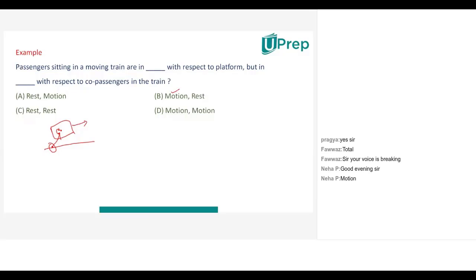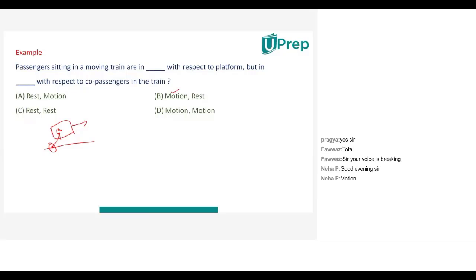If the position of that man is changing with respect to you, then you can say he is in a state of motion. But as his position is not changing with respect to you, definitely she will be in a state of rest only, isn't it? Yes, sir. Now that means to say the state of rest and motion, you have to compare or not? Sir, we have to compare.